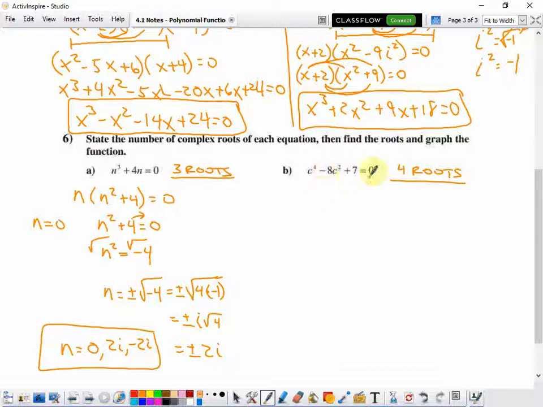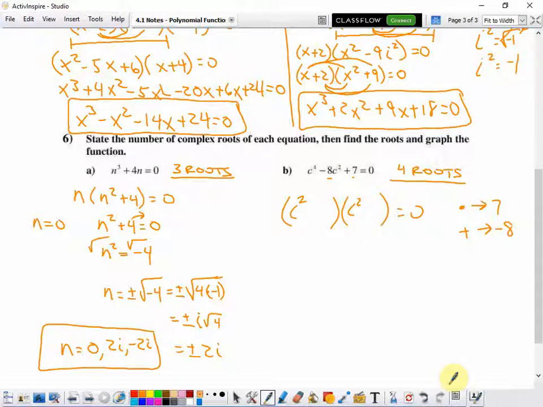One like this I can factor just as though it was c squared here and a c here, except when I factor it, instead of c and a c, it's going to be c squared and c squared. Now, what numbers multiply to make 7 and add up to -8?